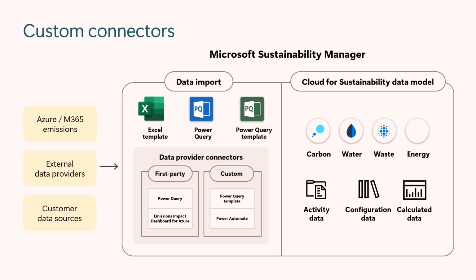Data provider connectors are composed of first-party Microsoft developed connectors such as Emissions Impact Dashboard for Azure, while ISVs can develop, package, and distribute their connectors to import external data into Sustainability Manager. The custom connector framework provides 2 methods: Power Query template and Power Automate. In this session, we will demonstrate and provide implementation guidance for these 2 methods.